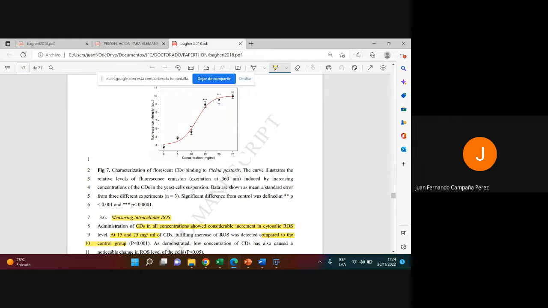And this could be responsible for the growth inhibition with the binding of carbon dots at higher concentrations.